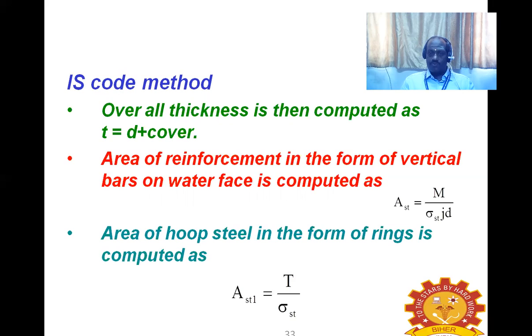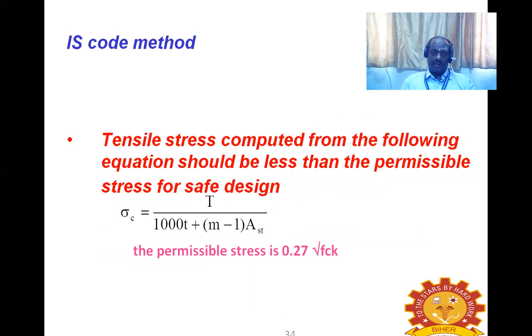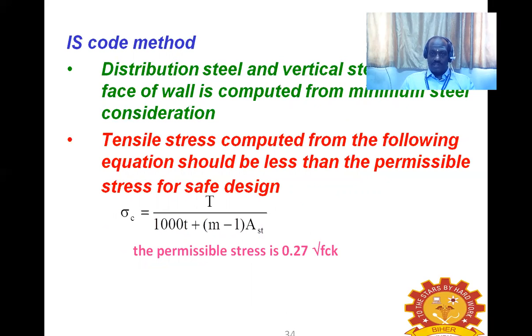The area of the reinforcement in the form of vertical bars on the water face is computed as area of steel is equal to M divided by sigma st j d. The area of hoop steel in the form of rings is computed using area of steel is equal to T, where T is the hoop tension, divided by sigma st. The distribution steel and the vertical steel on the other face of the wall is computed from minimum steel consideration.